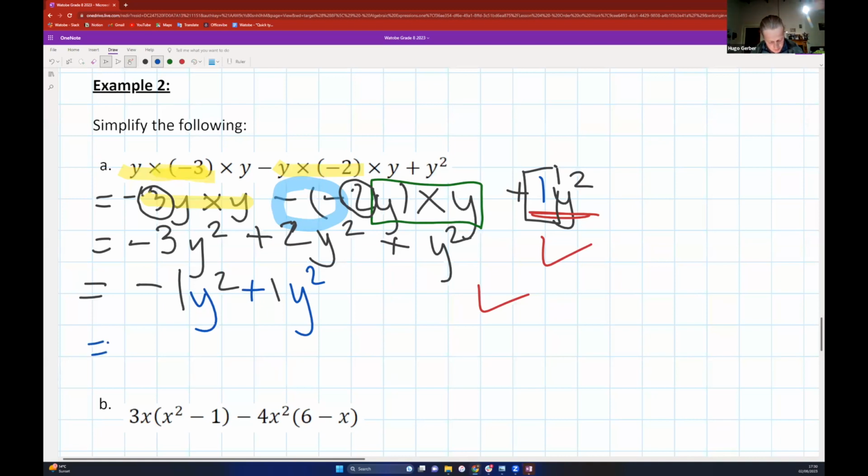So I think what threw you off here is the fact that the 1 had a coefficient and the 1 did not have a coefficient. But let's always remember, when there's no coefficient in front, it's as good as saying 1. We don't always put the 1 in. So it's negative 1y squared plus 1y squared. That gives us 0.